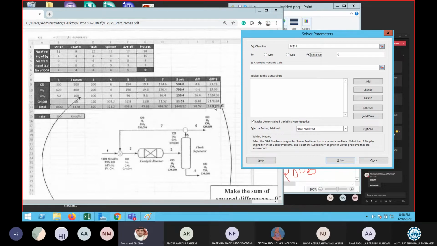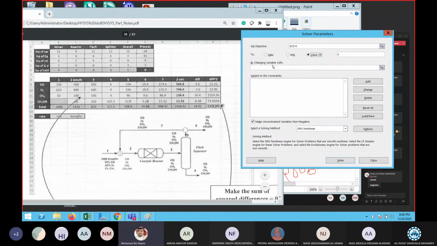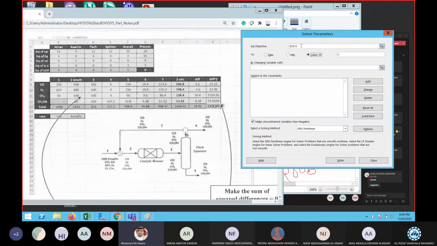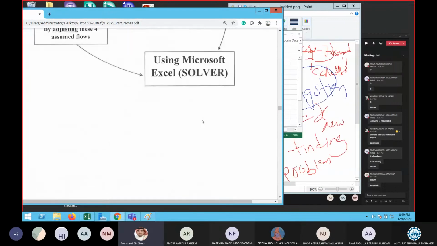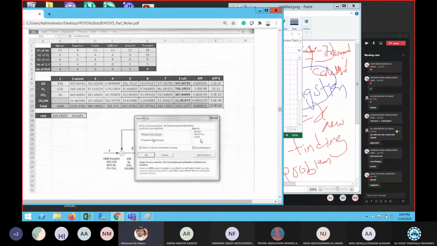We are asking Excel to make this number 0 by adjusting the 4 assumed values. So by changing the variable in these 4 cells, try to make this cell equal to 0. So after selecting this cell, I'm putting it here. And after putting the value of 0, and then by changing this variable cell, I select these 4. Then I tell it solve. You will see that Excel will try to solve this problem for you.